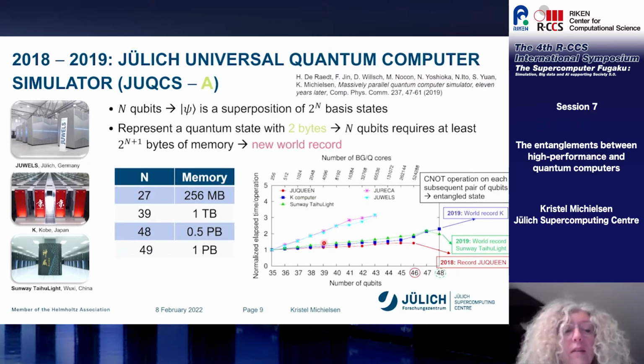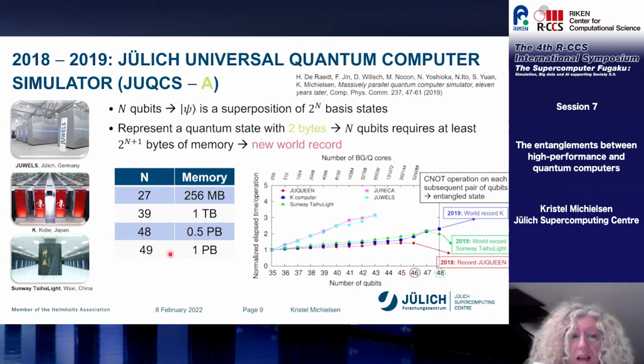Then in the period of 2018, 2019, we have set a few other world records. And this we could do by making an approximate version of chunks in which we represent the quantum state with only 2 bytes. So then we only needed 2 to the n plus 1 bytes as memory consumption.